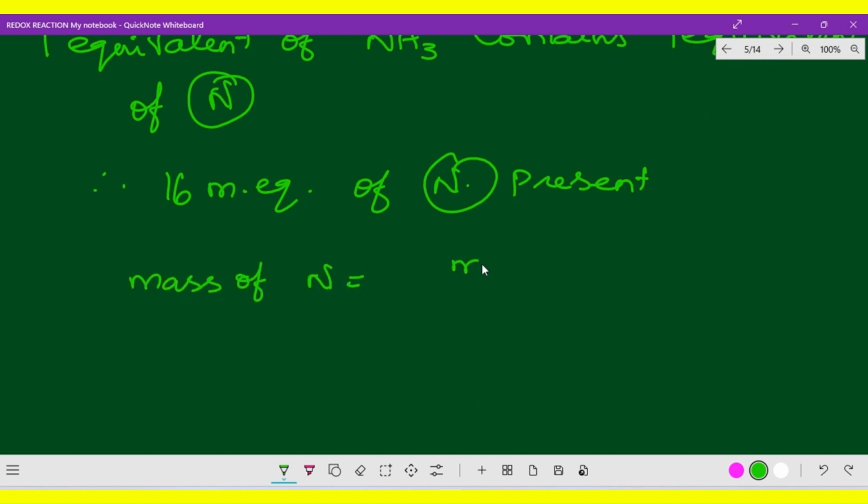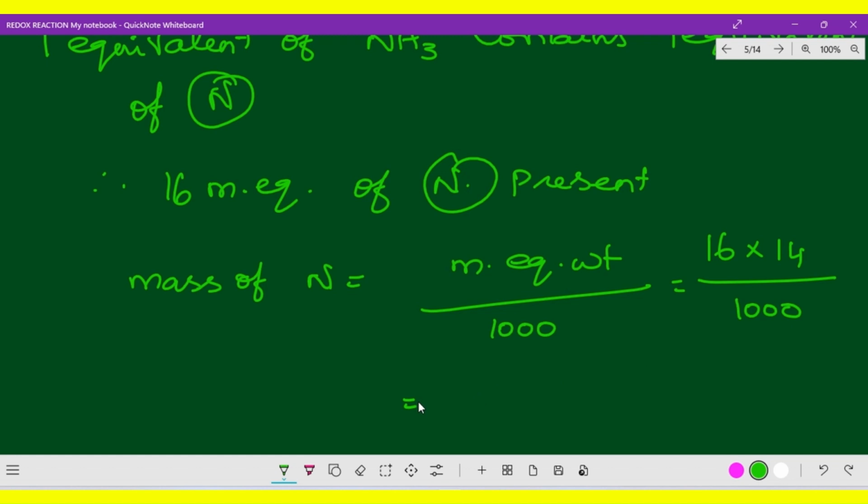Mass of nitrogen equals milli equivalent weight divided by 1000. So here 16, this is the reacted amount, into equivalent weight. So that is ammonia NH3 divided by N factor 1. So here 14 only, divided by molecular mass. It is 14 divided by 1, 14 only, into divided by 1000.